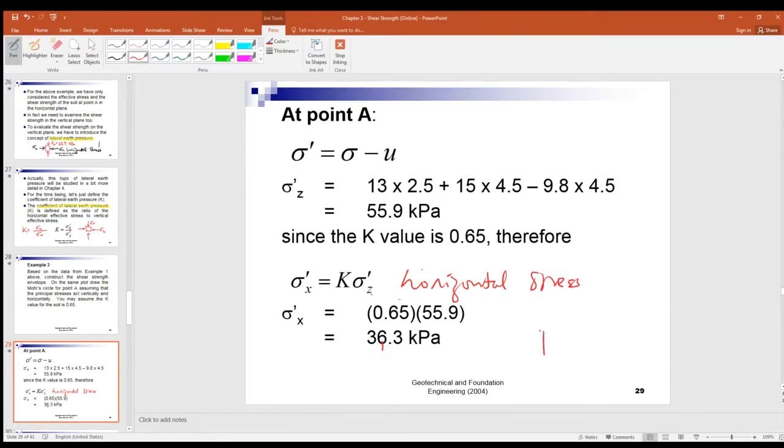In other words, in the previous example, 55.9 kPa here, and here you got 36.3, right?